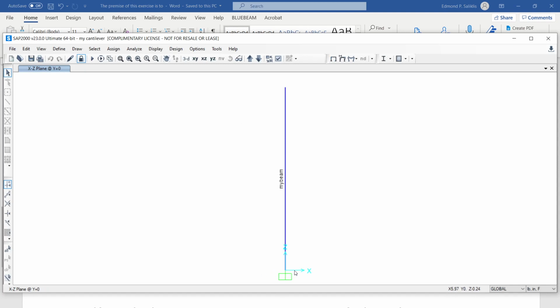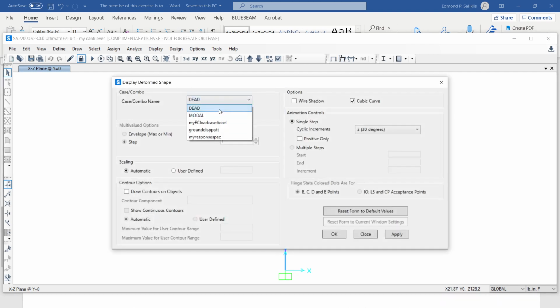horizontally and the moment. Now, the moment should be that force, which is the base shear, multiplied by this distance, because there's nothing else happening here. So the force is easy to find from the output. So notice what I just did here.